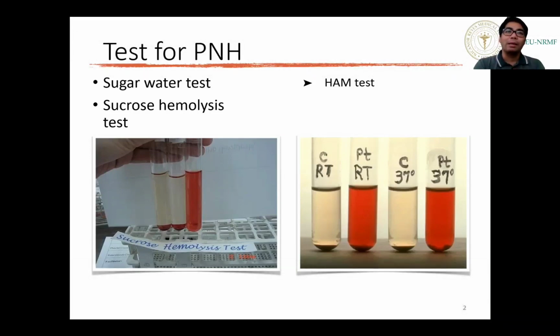Kaya ang word na paroxysmal. Pagka sinabi naman natin nocturnal, so gabi, nangyayari yung hemolysis of the red blood cells, usually at night. Then hemoglobinuria is presence of hemoglobin in the urine. So those are the characteristics of this PNH.